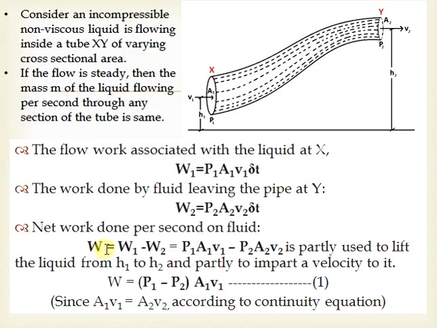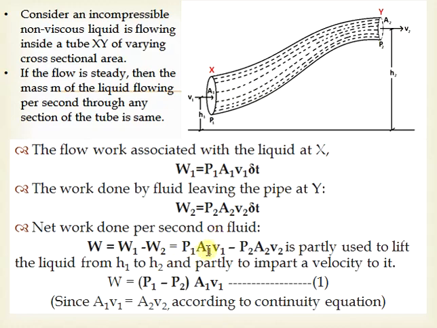That will be W is equal to W1 minus W2, which will be P1 A1 V1 minus P2 A2 V2, which is partly used to lift the liquid from height h1 to height h2.